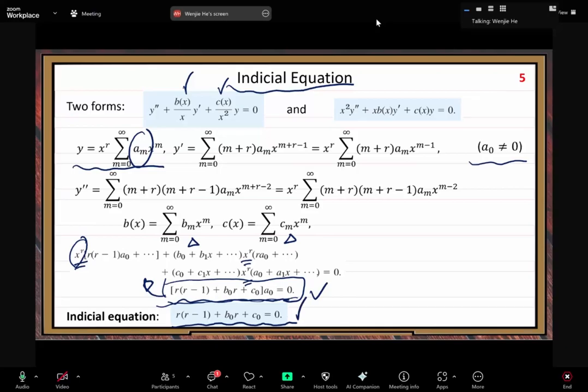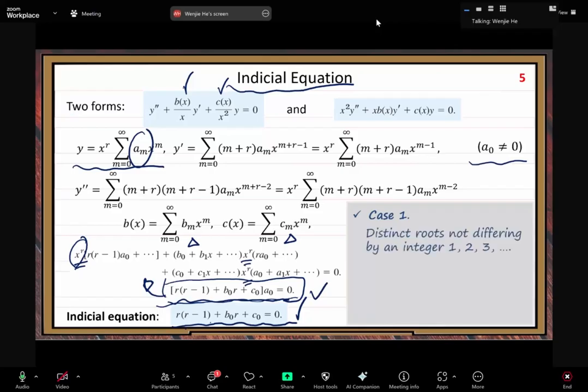Then we consider cases, because when you solve the quadratic equation, you have cases. Case one: distinct roots not differing by an integer. R1 and R2, the difference is not an integer.